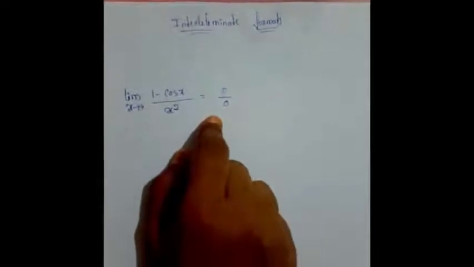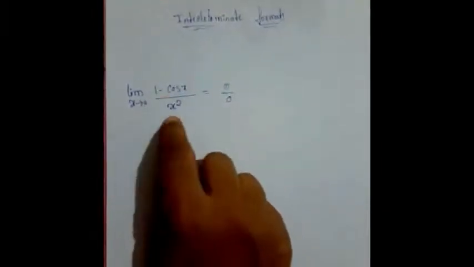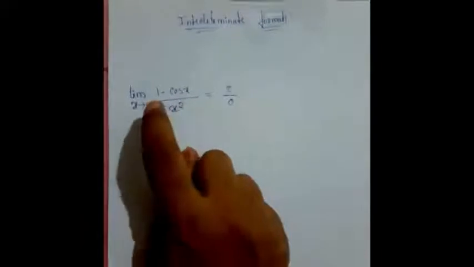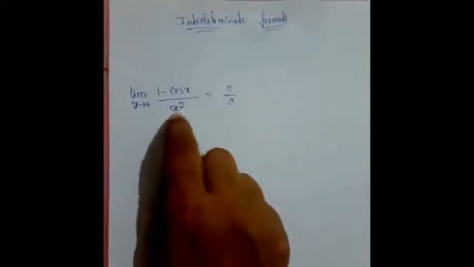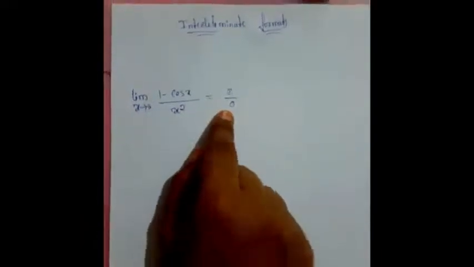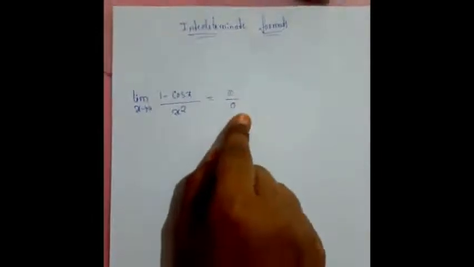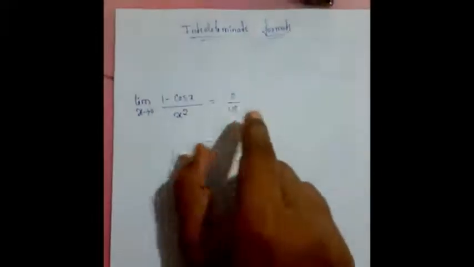There are many methods to solve limits like this. If we substitute 0 directly in this function and get an indeterminate form, there is another method to solve this limit. How do we check whether the given thing is an indeterminate form?